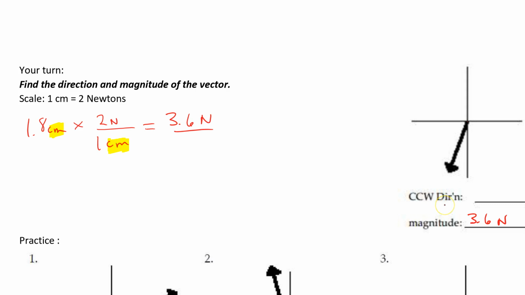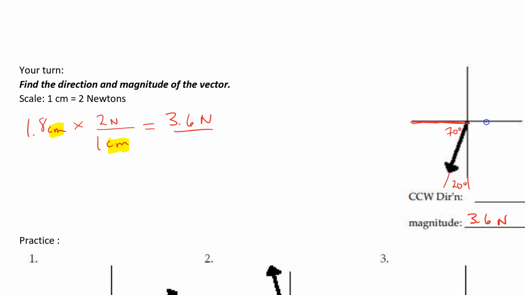Now, what's the counterclockwise direction? If I get out my protractor and measure off of this line, this part here looks to me like about 70 degrees. Or if you were to measure the smaller one over here, it looks to me like about 20 degrees. So what I want to figure out is the counterclockwise angle from east.